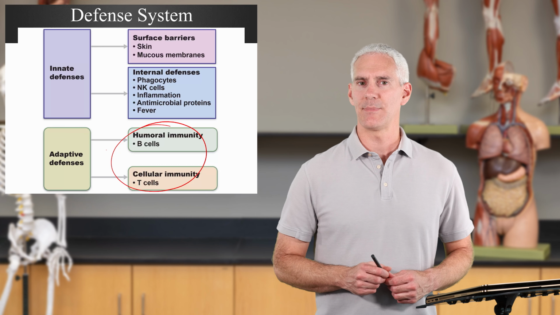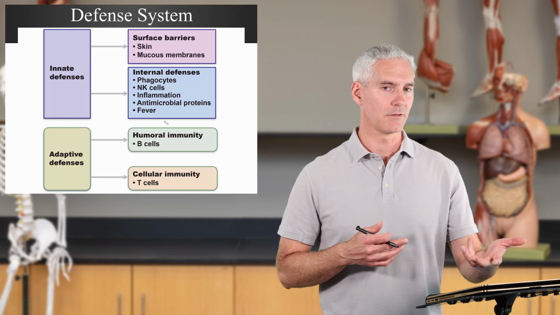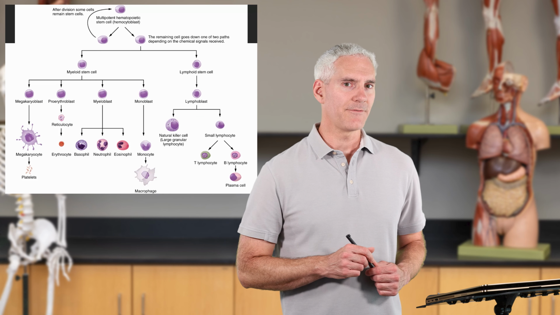Remember back to talking about the blood chapter. We talked about B cells and T cells coming from a particular type of white blood cell, remember. This is now going to delve a little bit further into that. So looking at how our body's defenses are built and structured from general to specific. Now you've seen this before. This came from the blood chapter.